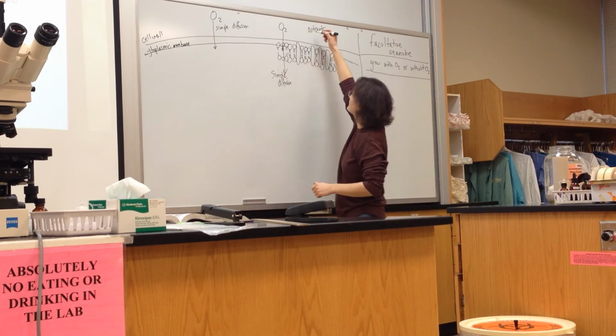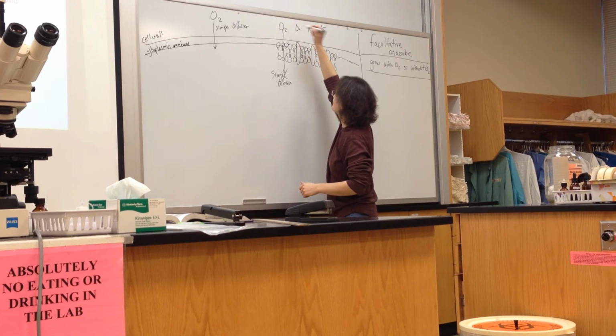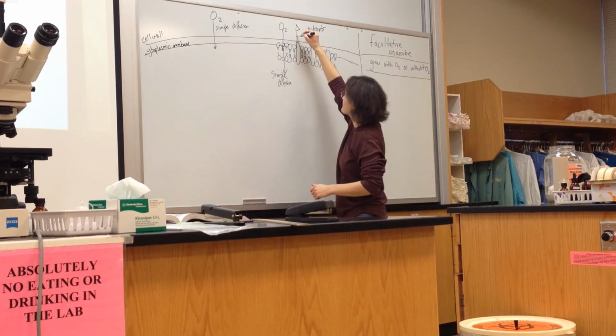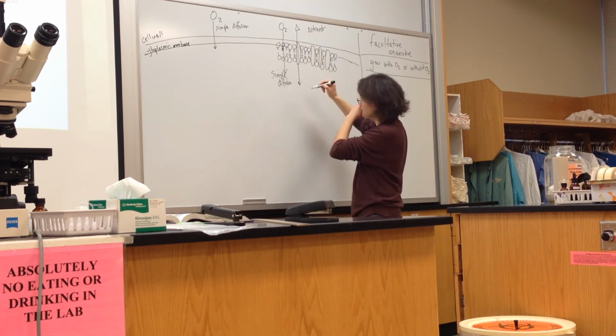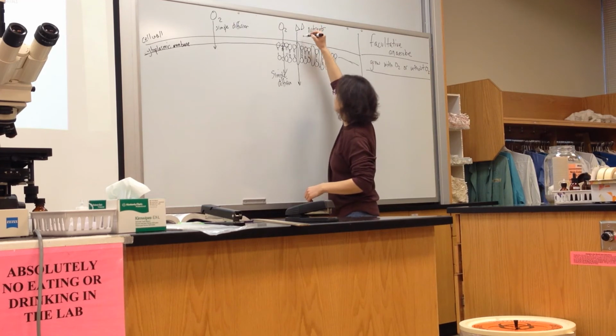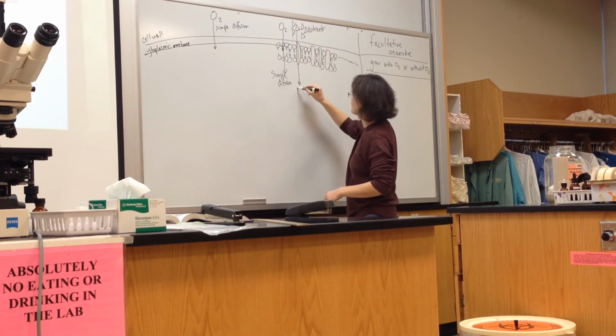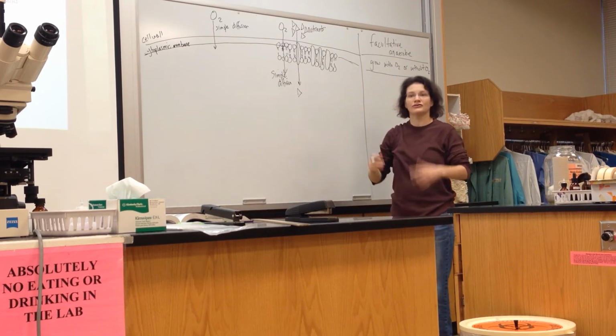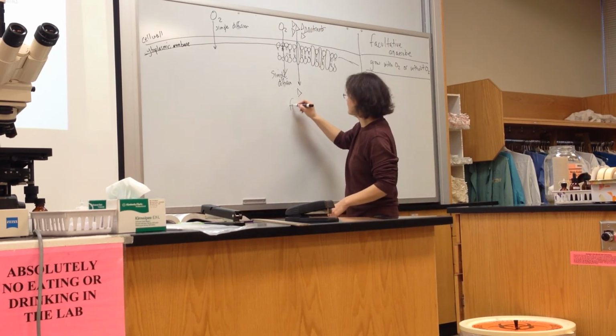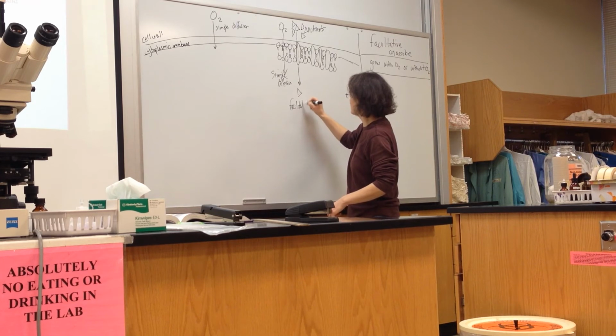Then we have here one of our nutrients, we'll just call them triangles. There's a high concentration of triangles out here, and a low concentration of triangles here. So this would be facilitated diffusion.